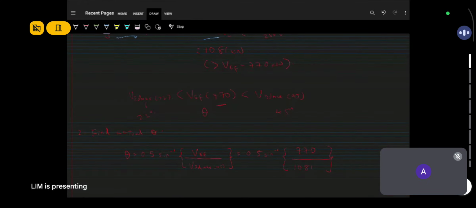You just substitute the numbers in, do the inverse sine, and then times 0.5. What do you get? 22.71, correct.